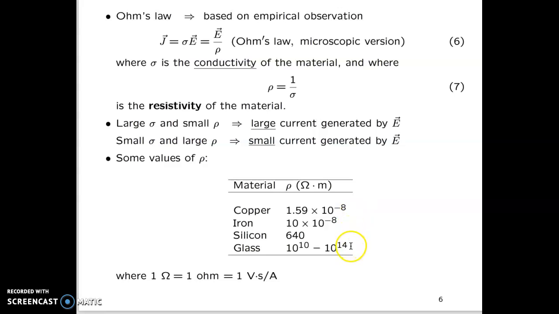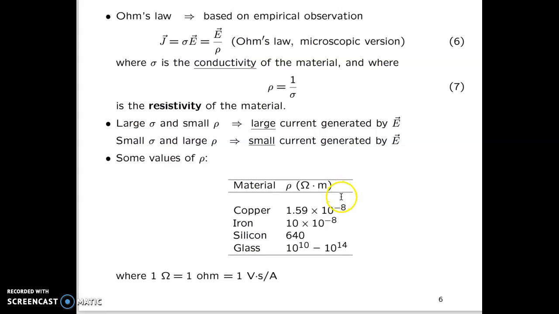And okay, we have a bunch of different numbers here. The units for resistivity are ohm meters. What is an ohm? Well, that's the symbol capital omega, another Greek letter. An ohm, if I spell it out, O-H-M, is defined as a volt second per amp, and resistivity is measured in ohm meters.